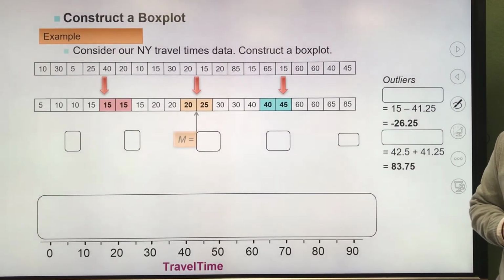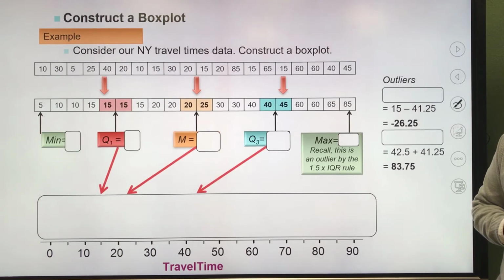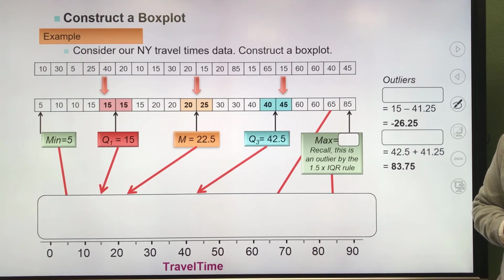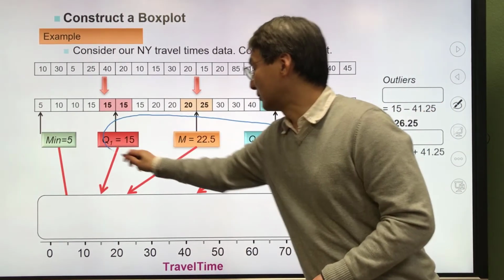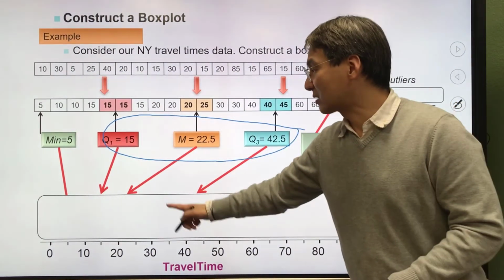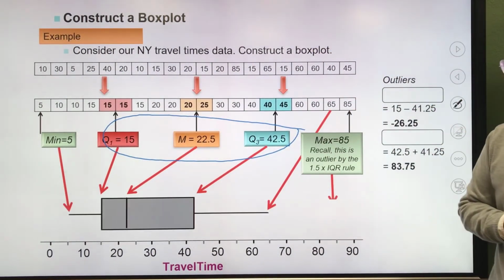Same example, and we got 5 numbers: minimum, Q1, Q2, Q3, and maximum. Let's use a box for Q1, Q2, Q3.